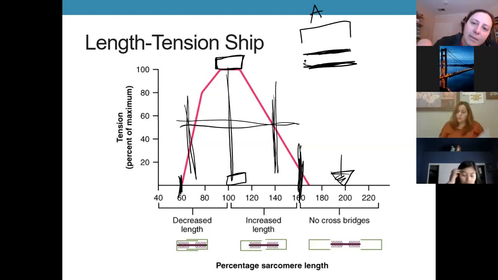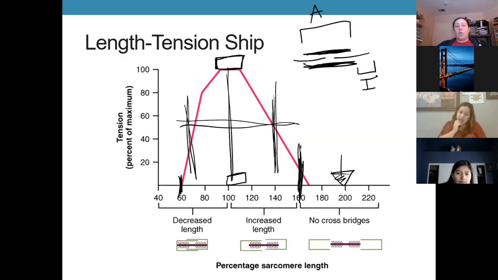But because the I-band is defined as thin filament that is not overlapping thick filament, the more overlap we get, the less I-band we have, and vice versa. So the more relaxed the sarcomeres are, the more I-band length we have.